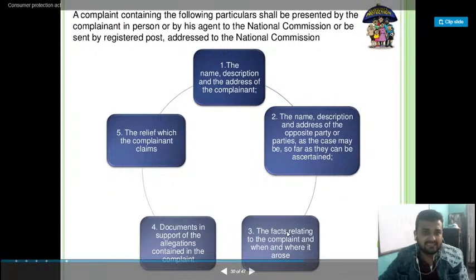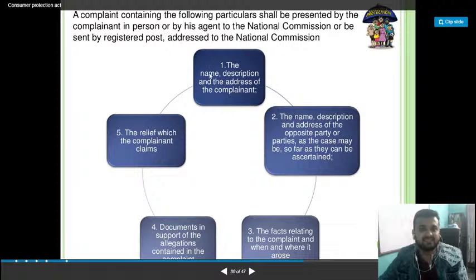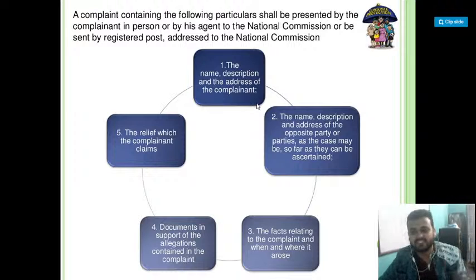The first process is the name, the description and the address of the complainant. For example, if you are being cheated and you want to complain, you either go to the district forum, if it's up to 5 lakh, or if it exceeds 5 lakh but is less than 20 lakh, you go to the state forum, or if it's more than 20 lakh, you go to the national forum.